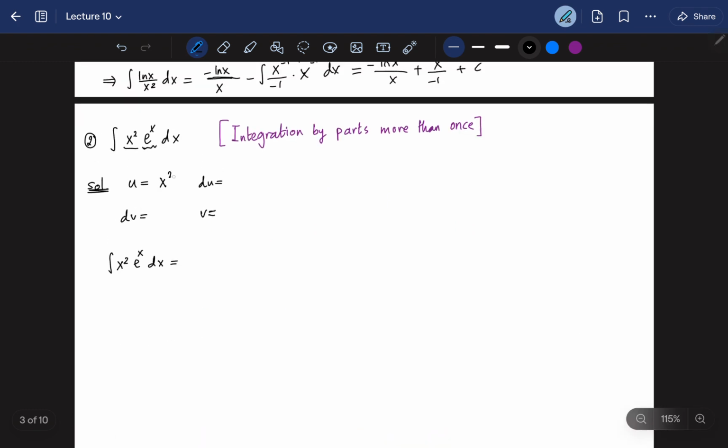So if we take x squared to be your u, your du is 2x dx, your dv is e to the x dx. The integral of e to the x is just e to the x. And applying the formula, u times v minus the integral of v times du.